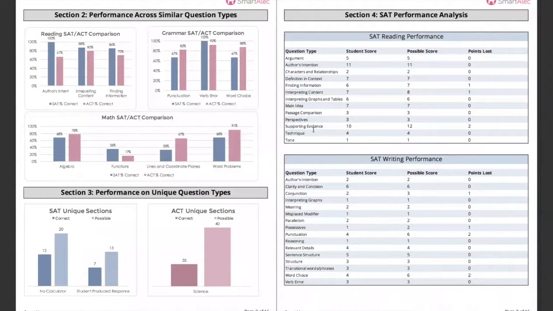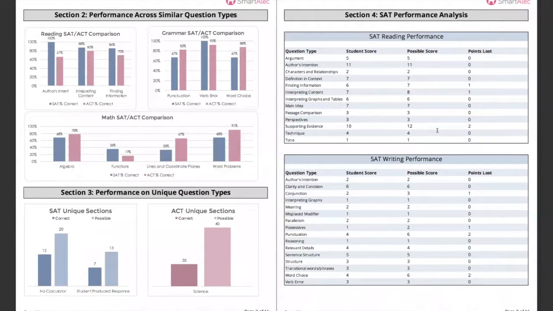So here you have their performance analysis, and these are all the different question types that we thought were salient enough to be broken down into their own categories. And so we can see where they lost points really quickly just by glancing at it. So they struggled with these supporting evidence questions, which I'm sure you learned about during the seminar. And these are really tricky.